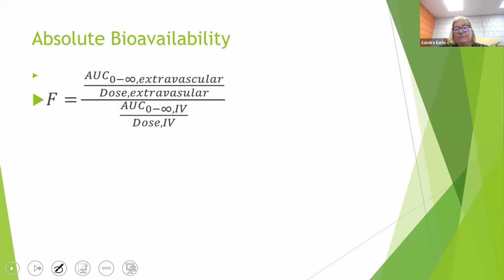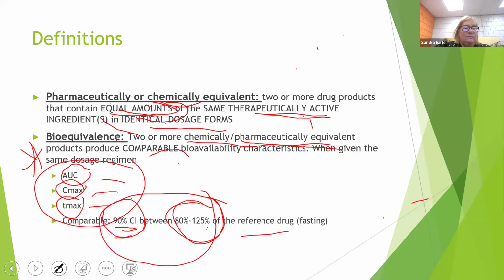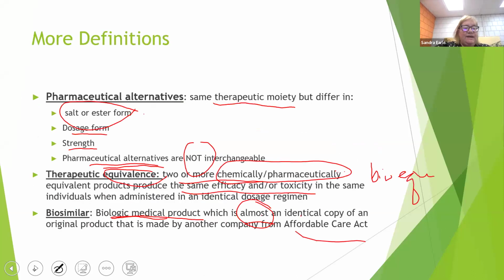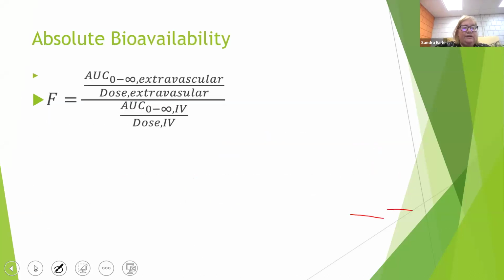So now we're going to talk about bioavailability. Bioavailability is how we measure bioequivalence, right? We have to have comparable area under the curve, Cmax and Tmax, to determine bioavailability. Remember, absolute bioavailability is the fraction of drug that's given that makes it to the systemic circulation.